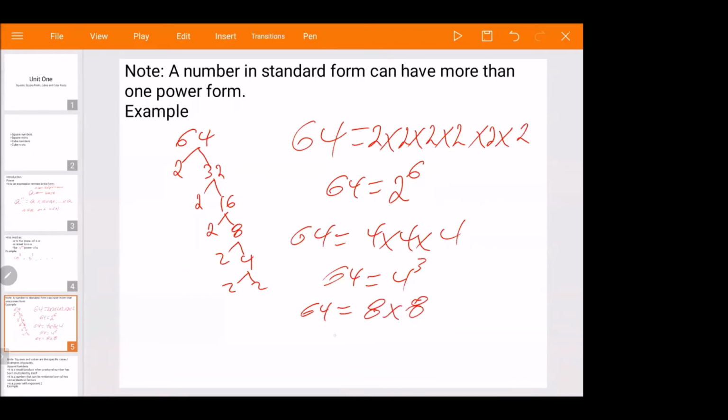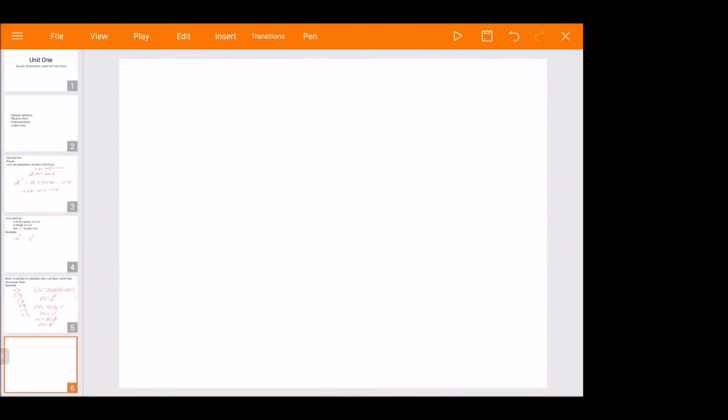So again, 64 can be expressed as a power as 8 to the power of 2. So 64 can be expressed in power form in 3 ways: 2 to the power of 6, or 4 to the power of 3, or 8 to the power of 2. Let us add one example.